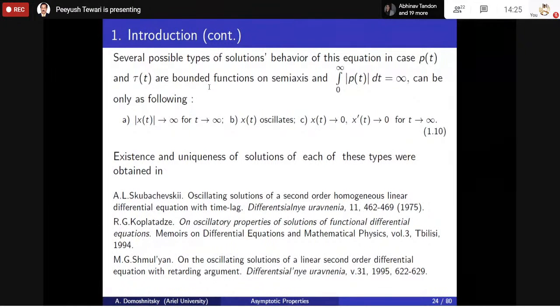Okay, and there are many results on delay equations and analysis of when there exists a solution tending to infinity, where there exists an oscillating solution, and where a solution and its derivatives tend to 0 when t tends to infinity. I can name the following: Skubachevsky, of course, Kaplatadze.